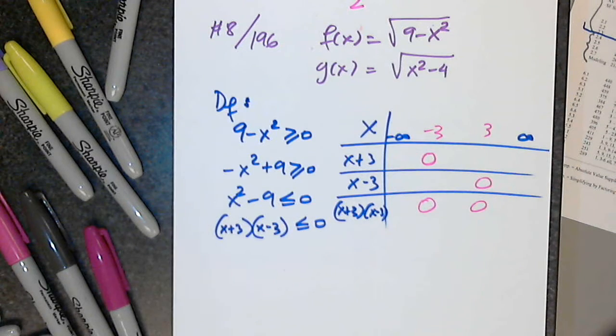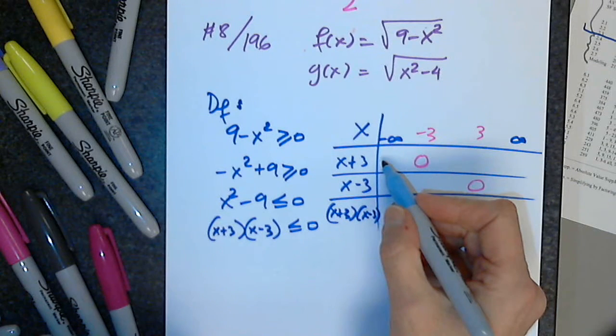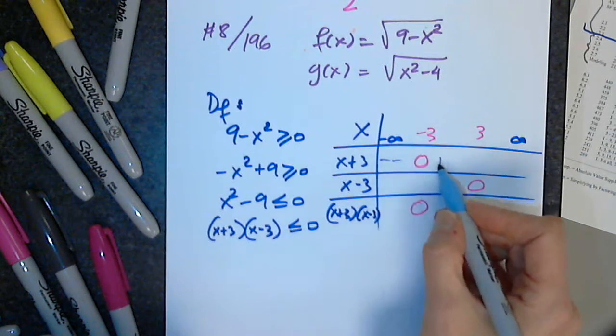And then what will be the sign in all these, in the first two rows? They are linear functions with a positive slope. So the sign will be the same, meaning from negative to positive.